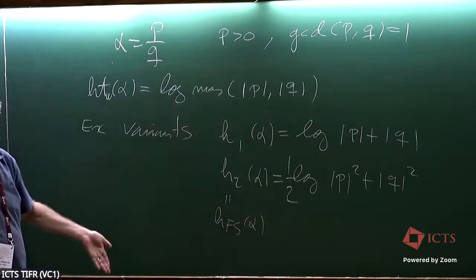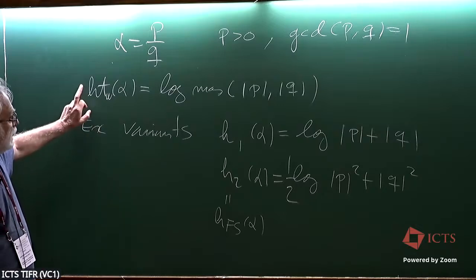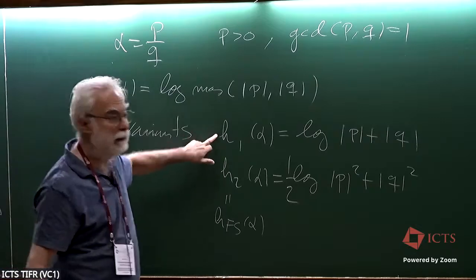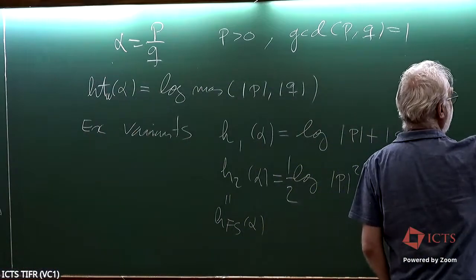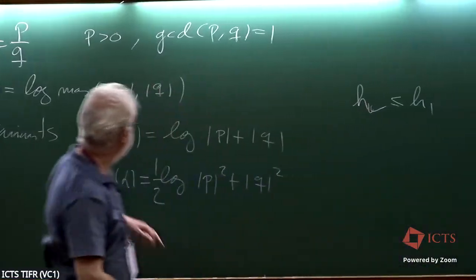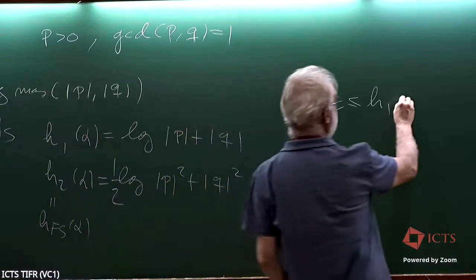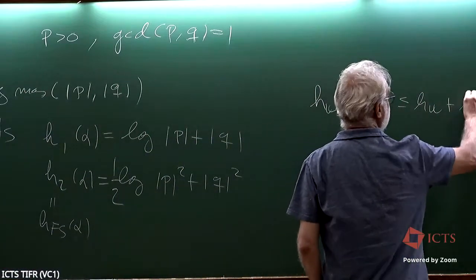There are many possible variants of the height, and they satisfy more or less the same properties, because, for instance, if I compare the Weil height and the h1 height, I have that HW is always smaller or equal than H1, because here I am taking just the log of the max, and here I am taking the log of the sum. But of course, this is smaller or equal than HW plus log of 2.